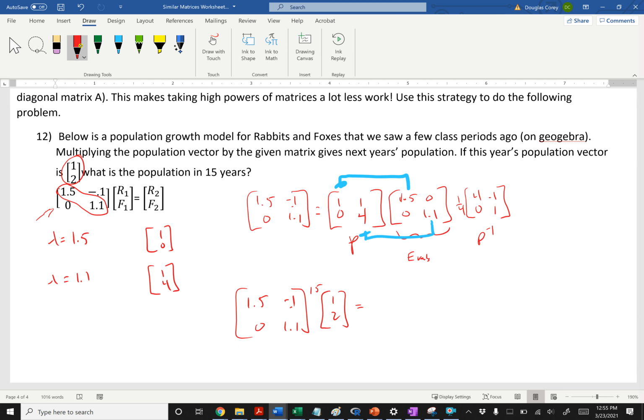But that's the same as 1, 0, 1, 4, 1.5, 0, 0, 1.1. And I'll rewrite this as 1, minus 1/4, 0, 1/4, 1, 2, with all of this to the 15th, which looks more complicated.